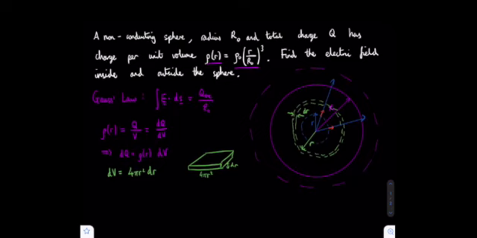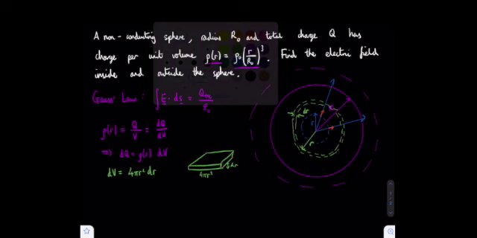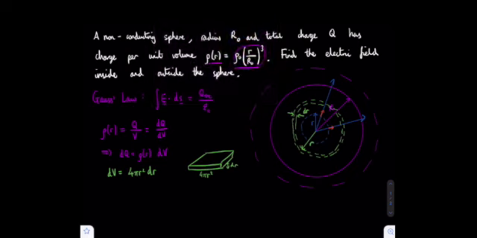Nice. So we know ρ(r) to be this and dV to be this. Let's substitute those equations into here.